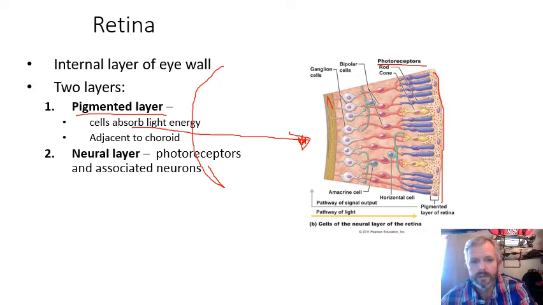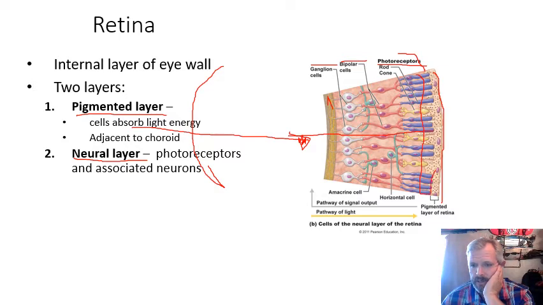Okay, the neural layer is here. We've got the photoreceptors, the bipolar cells, and the ganglion cells that make up the neural layer. Okay, what's going to happen is light's coming in. You can see light actually has to run through this neural layer. This is where the light energy is going to be picked up by the photoreceptors.